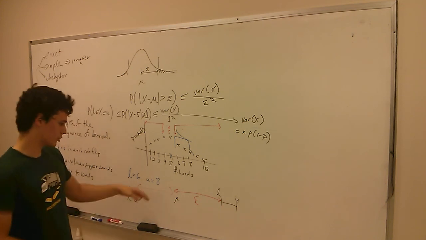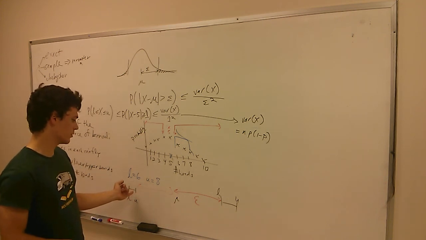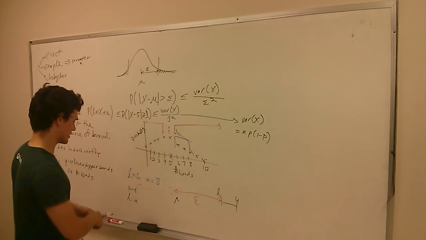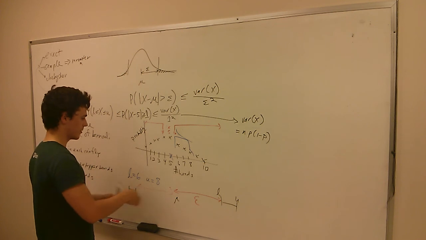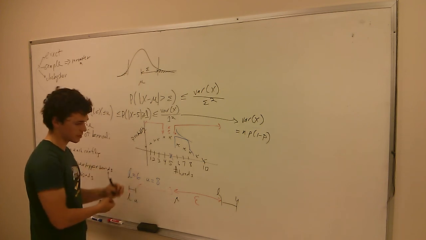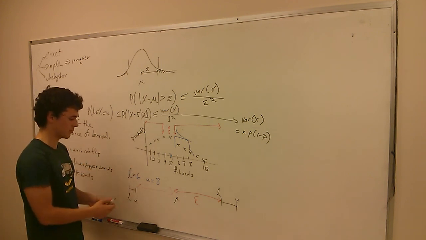So it's just the shortest distance, the distance from the end of the interval to the mean. Because you want to make this bound as low as possible, you want the bound to be as tight as possible. Tight means the bound is as close to the exact computation as possible.